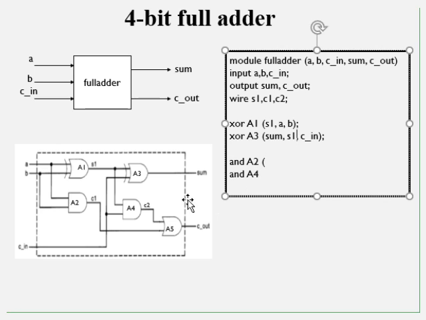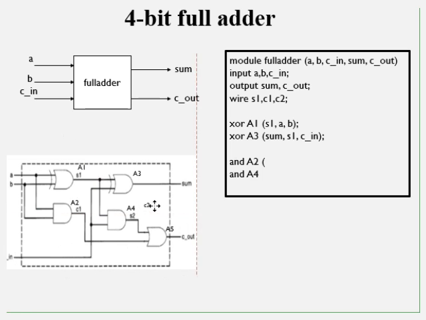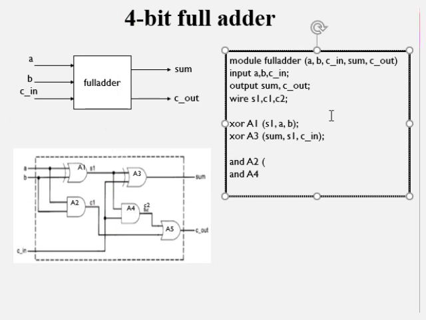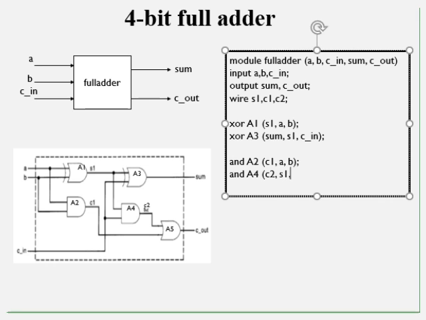The A2 output is C1 and inputs are A and B: C1, A, comma, B. And A4 output is C2, with inputs S1 and C in.